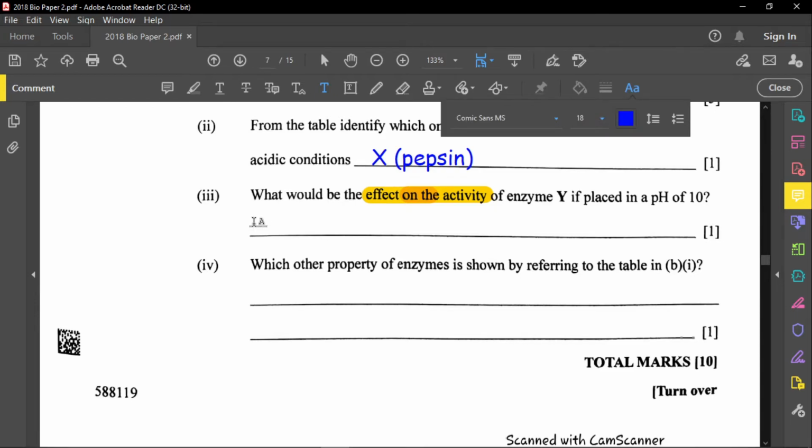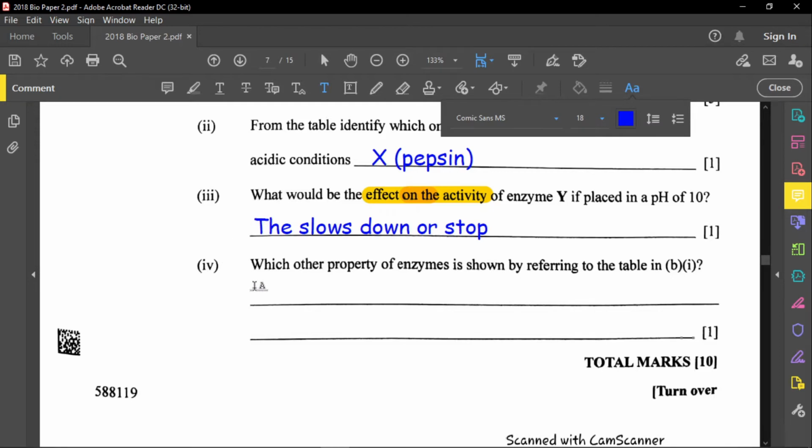So the activity will slow down or stop. Okay, so there'll be no reaction. There'll be no chemical reaction by that enzyme at all.